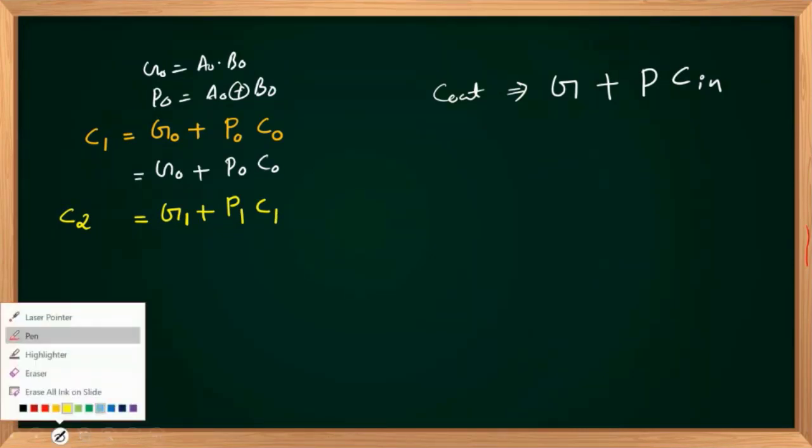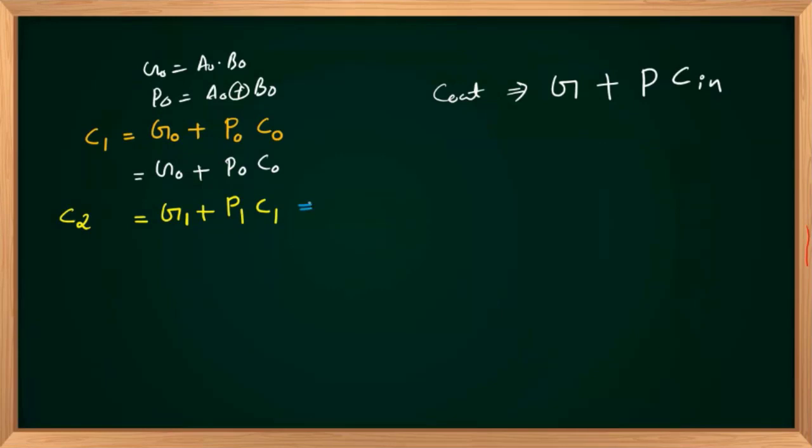So if you expand this, it becomes G1 plus P1 C1. C1 is this expression, so it will be G1 plus P1 G0 plus P1 P0 C0. So it's readily available.